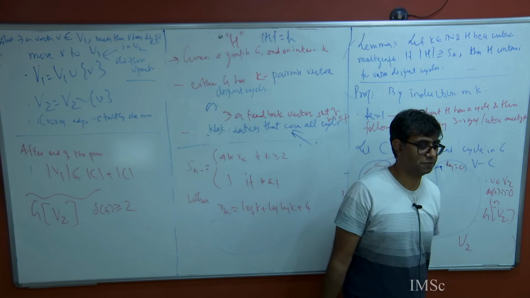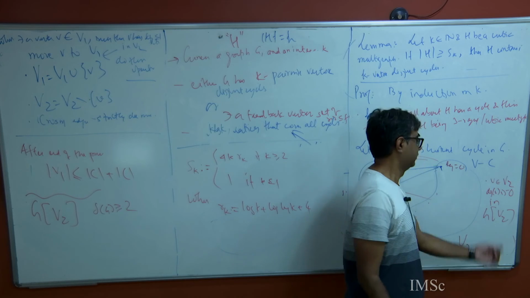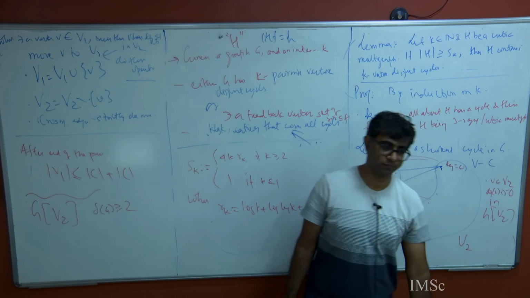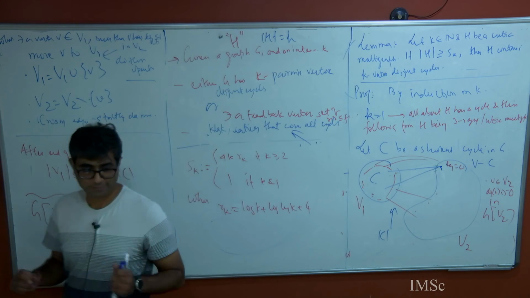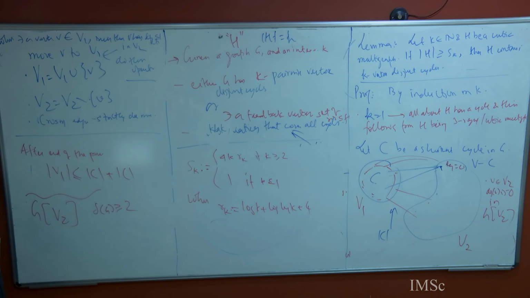But this is not important for the proof, so let's not go into the details. This operation will only happen 3 times, otherwise you would get a shorter cycle. But I'm happy to lose a constant and not go into the tiniest detail.